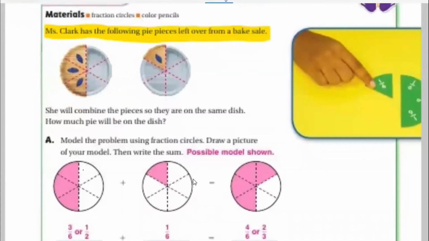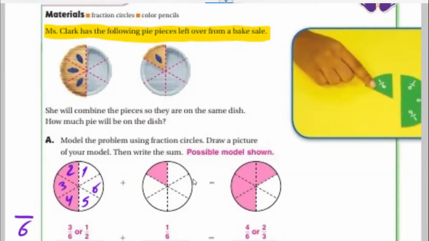We have 1, 2, 3, 4, 5, 6. So we have 6 in total. And as we learned before, if we want to write this model as a fraction, you have to write the total parts first in the lower part. So let's write here 6 because we have 6 parts. After that, how many parts are shaded here?